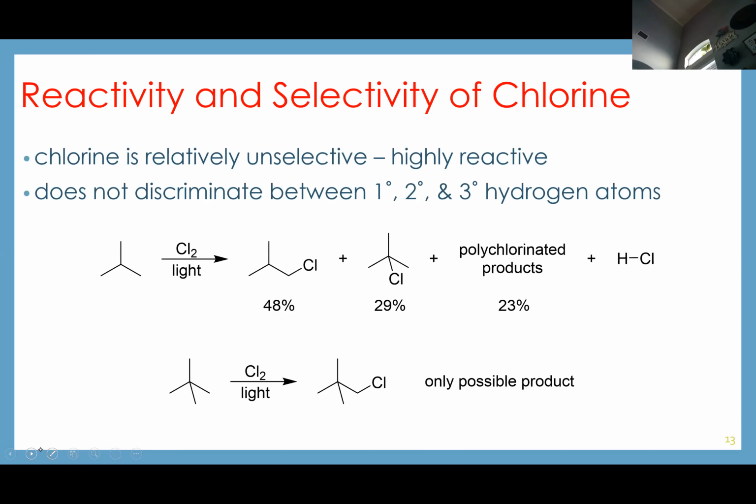So when you react with chlorine and light, there are two different types of hydrogen on this molecule. We have the tertiary hydrogen and we have a primary hydrogen. The tertiary one would create the much more stable tertiary radical. But chlorine does not care.